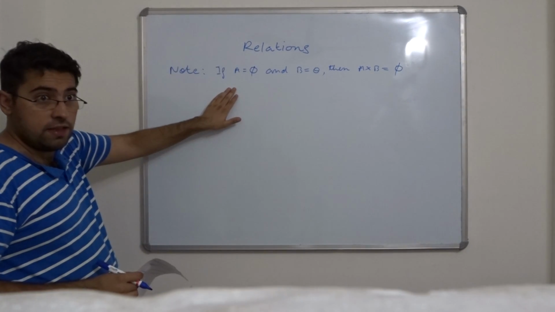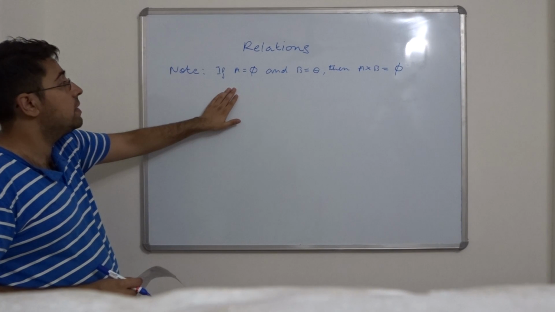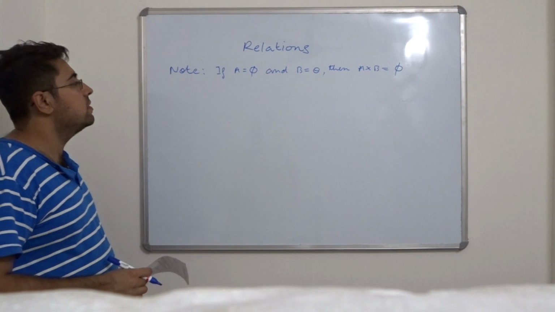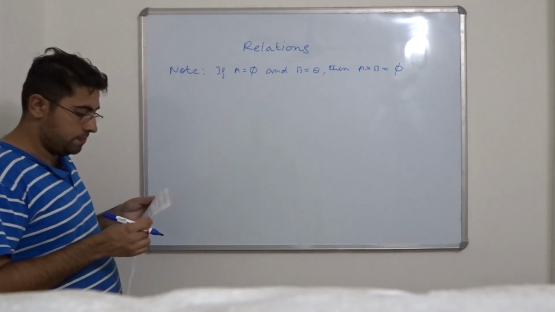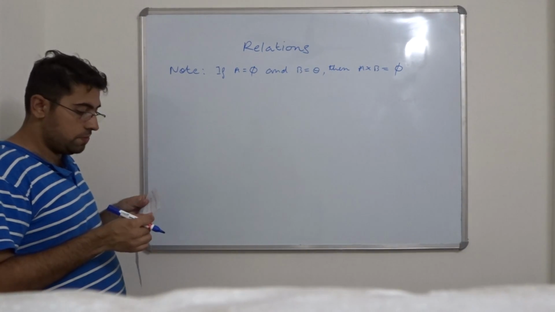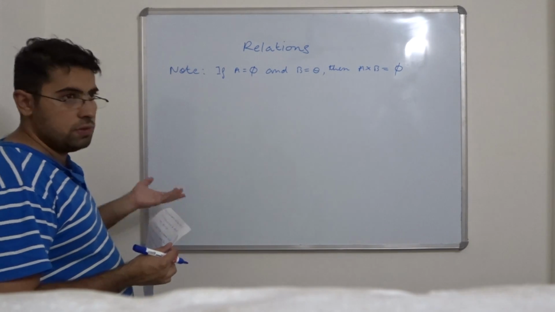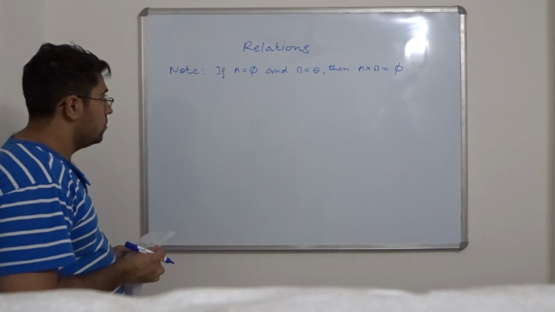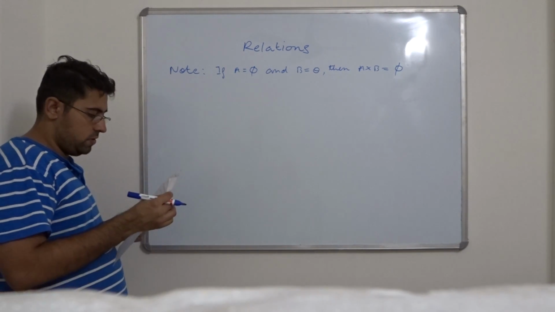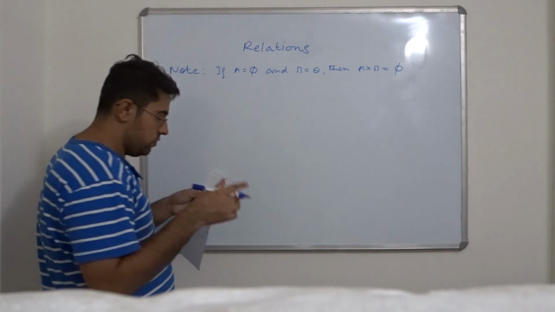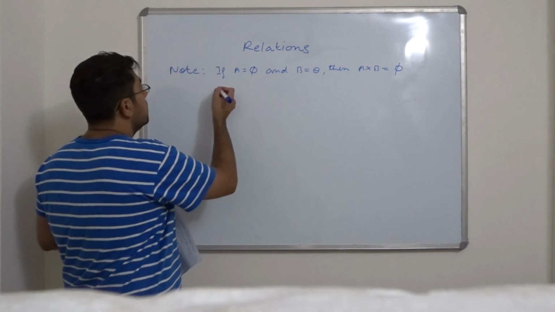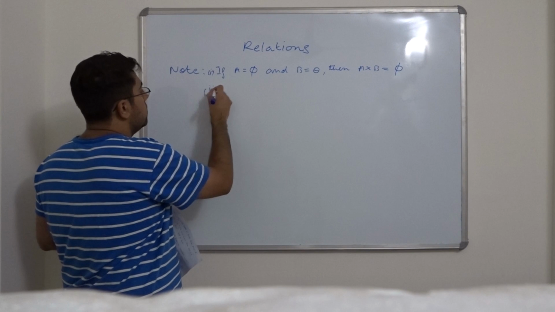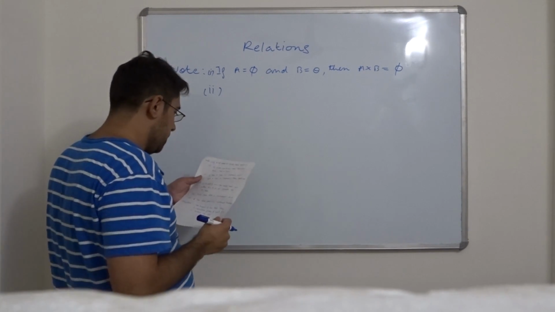If A is a set that contains no elements and B is a set which contains no elements, then obviously the Cartesian product of A times B will also be an empty set. That's rule number one. So let's look at the second rule.